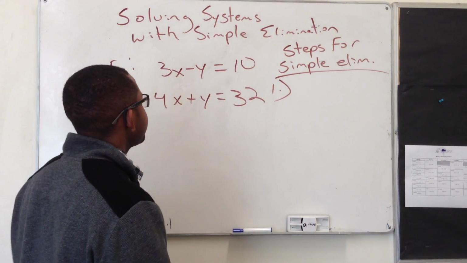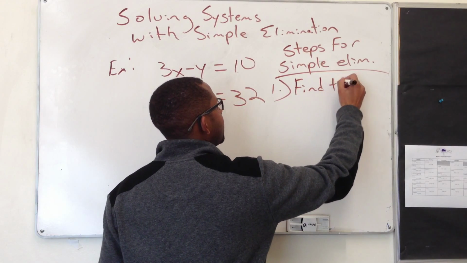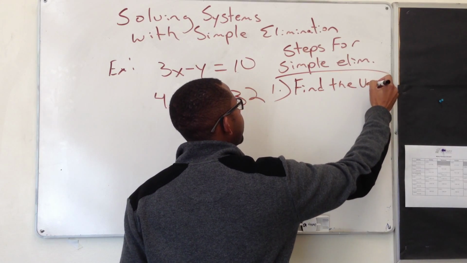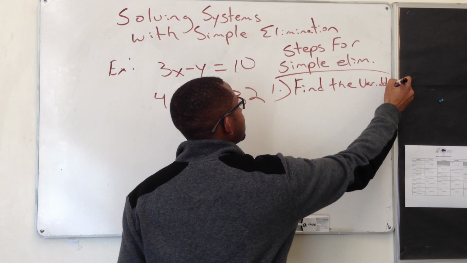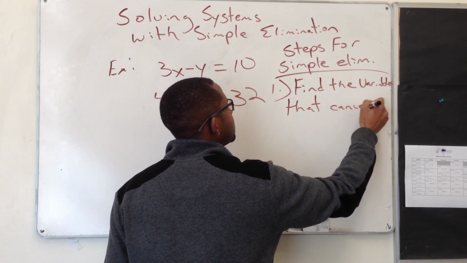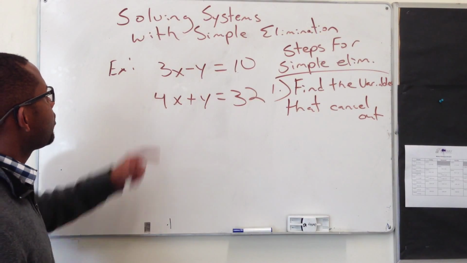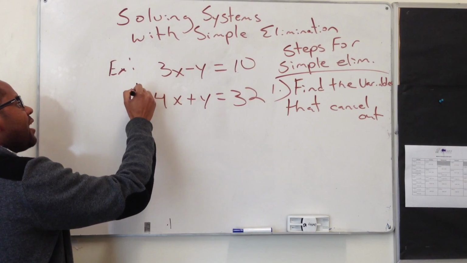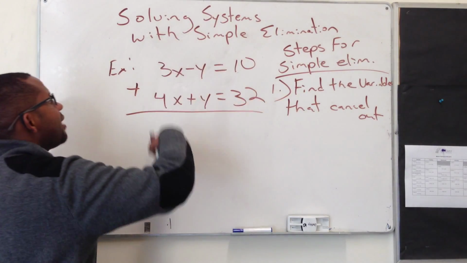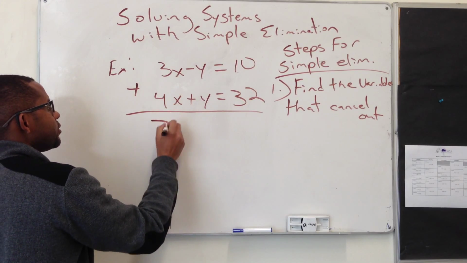Step 1: Find the variables that cancel out. Right here, I'm looking at y. If I add these together, top to bottom, 3x plus 4x equals 7x.